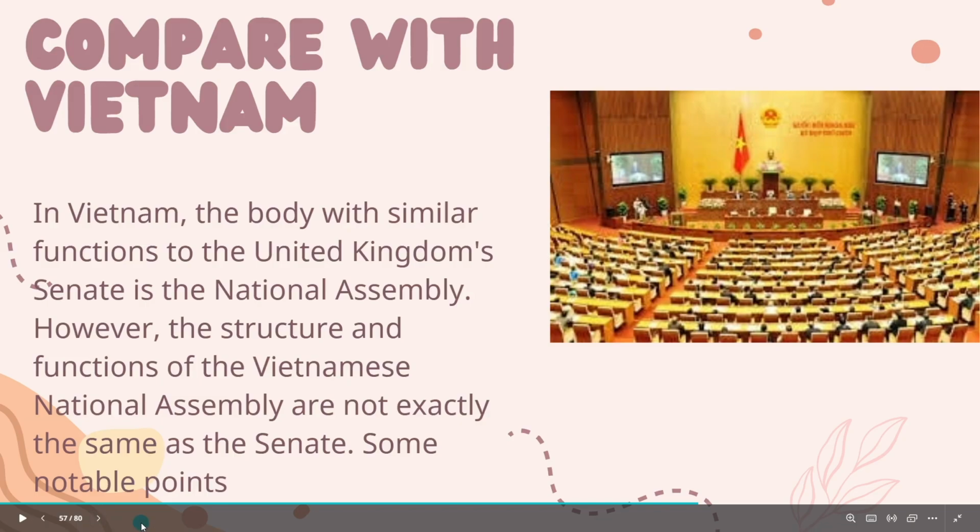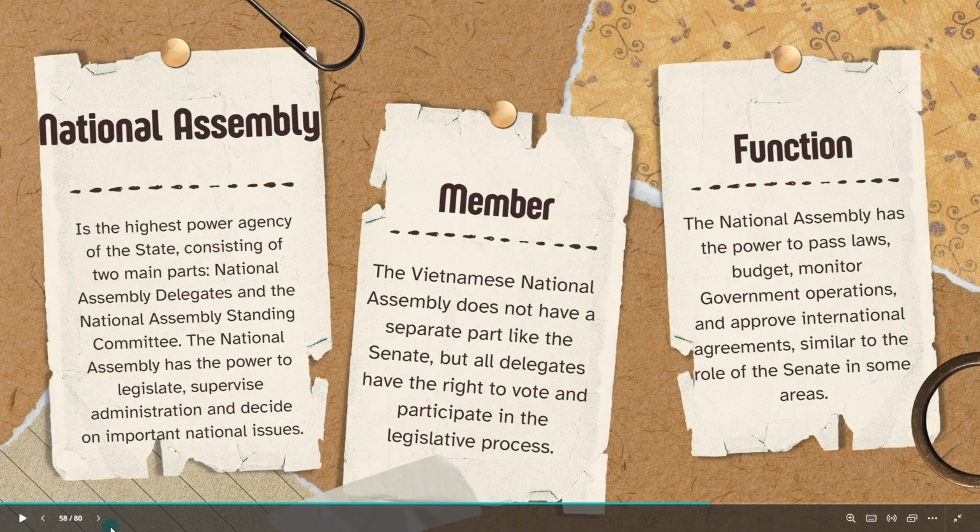Some notable points. One, the National Assembly is the highest power agency of the state, consisting of two main parts: National Assembly delegates and the National Assembly Standing Committee.